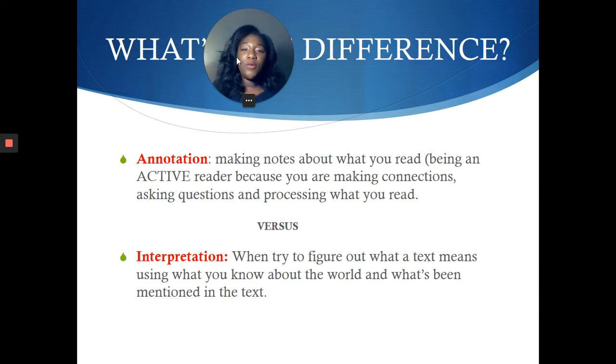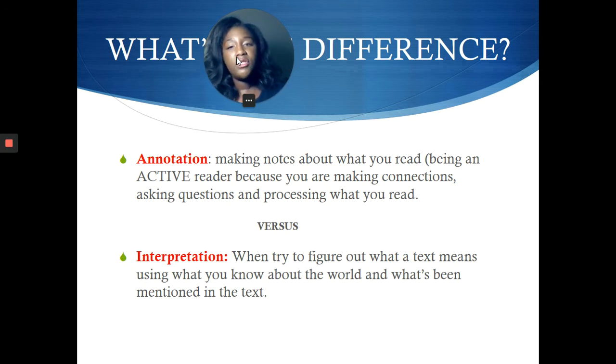All right. So things that I want to highlight. There is a big difference between annotation and interpretation. They are not the same thing. When you annotate, you are literally reading a text, a story, a book, and jotting down notes. It's about comprehension.